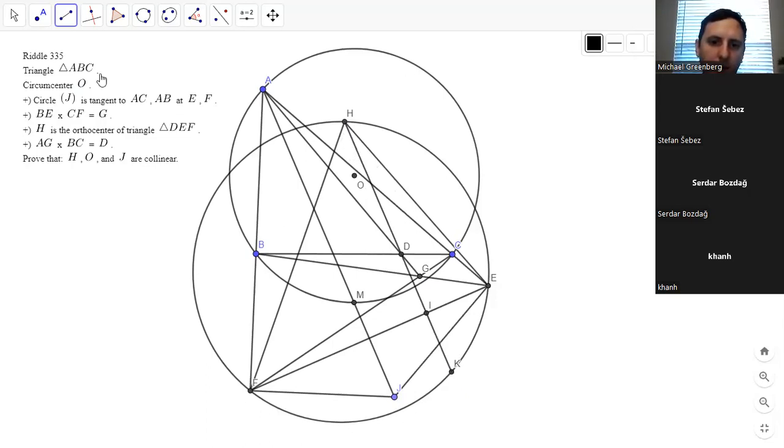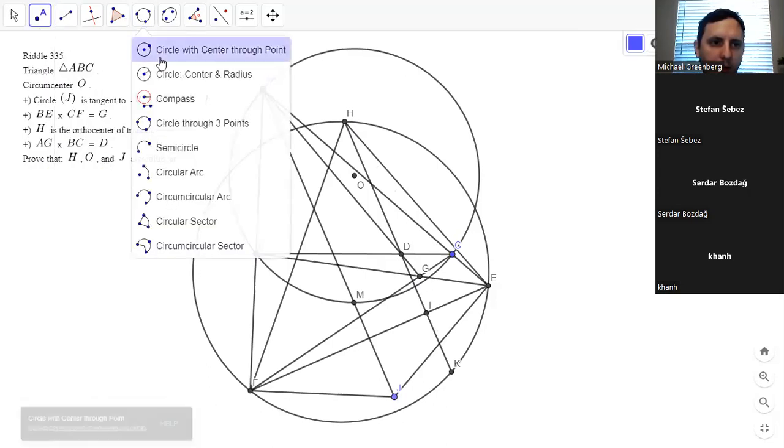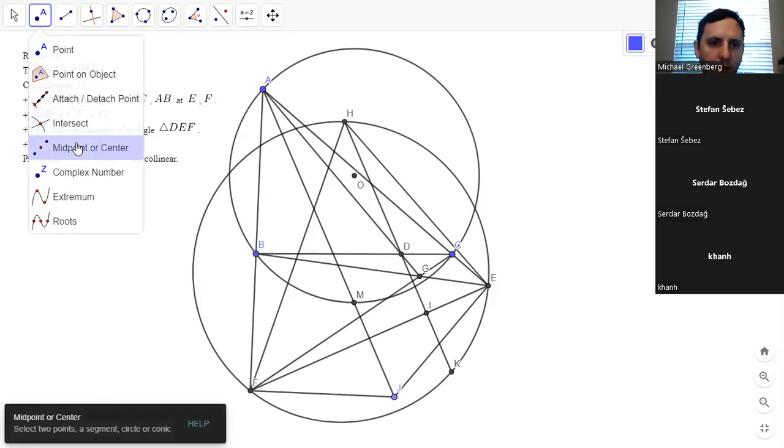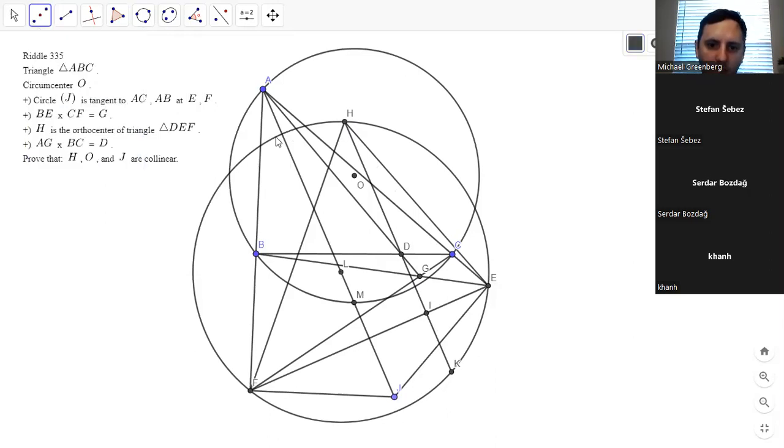And also, I wonder what the circumcenter of this circle is. Interesting. So we know the circumcenter of this is going to lie on AJ by symmetry.